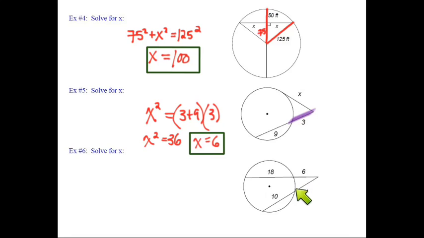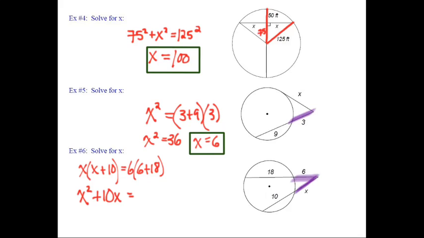The next one again is segments, and I have the piece outside is 6, the piece outside is x, and so those are going to go outside. I get x times x plus 10 equals 6 times 6 plus 18, and I need to solve that. So I distribute and get x squared plus 10x, and then 6 plus 18 times 6 is 144.